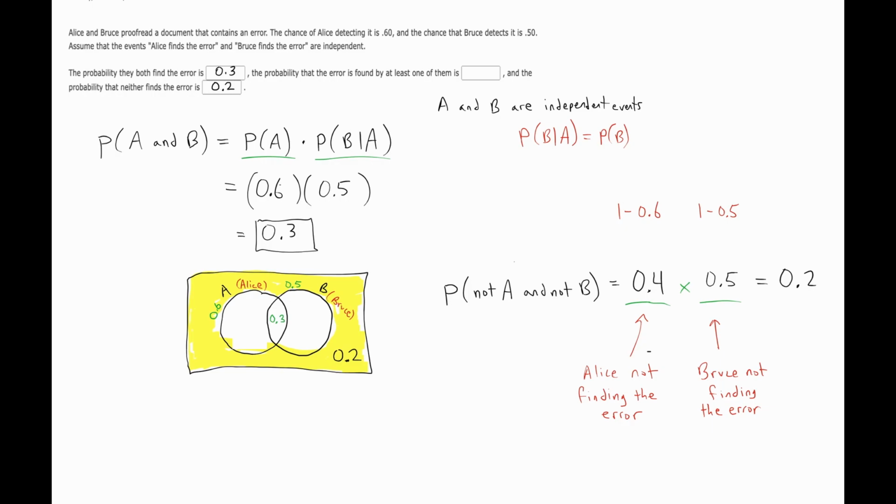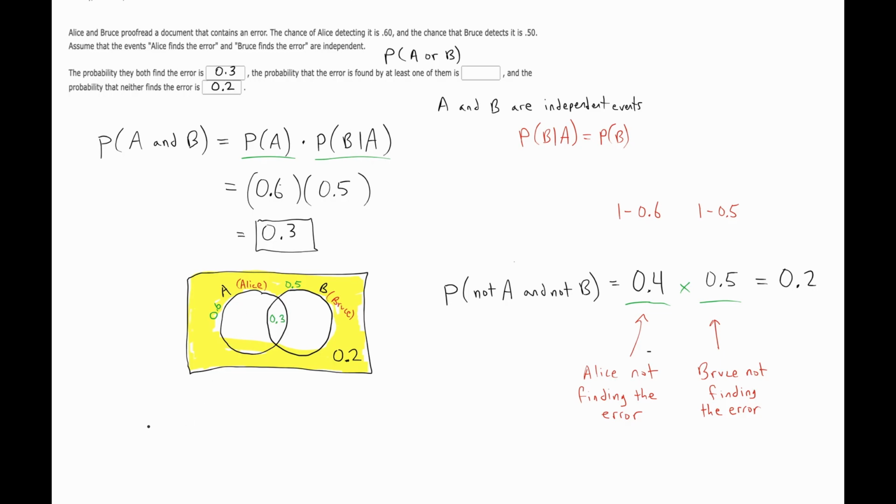Then you want to find the probability that at least one of them finds it. So what they are talking about there is the probability of A or B, where either Alice can find it, or Bruce could find it, or even both could find it. The white region now.